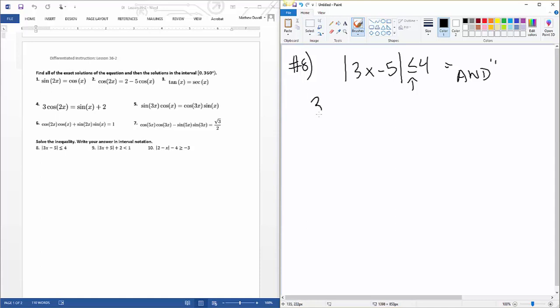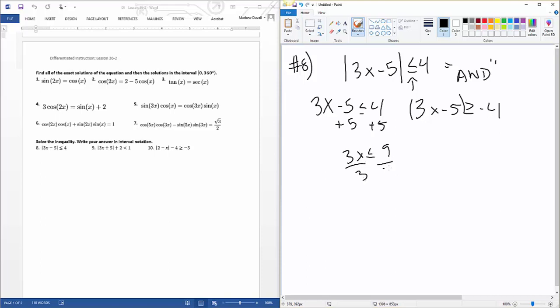So solving for these, I get 2 of them. 3x minus 5, here is the positive one, and here is the negative one. That's if that was negative and I divide both sides by the negative. Add 5, 3x is less than or equal to 9. This one, add 5, divide by 3, I get x is greater than or equal to negative 1/3.